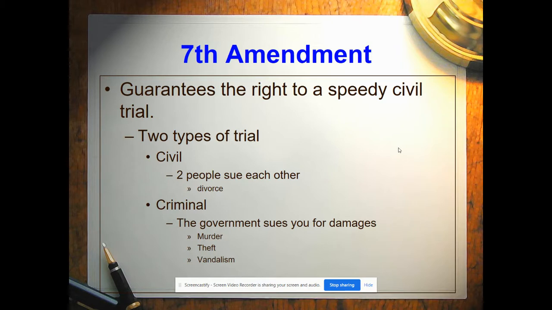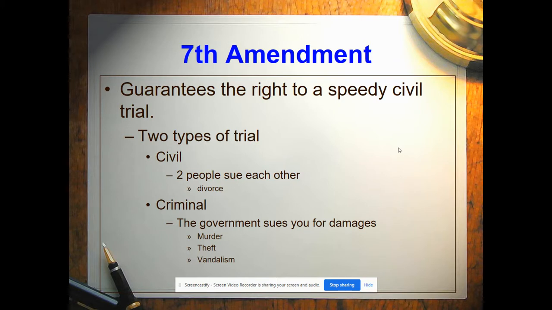So there, on this amendment, I kind of defined the 2 types of law. Civil trials, 2 people are suing each other or 2 parties are suing each other. And criminal is the people of either the state or the country are basically suing you for damage you've caused society. So in a criminal trial, you're accused of a crime: murder, theft, vandalism were the ones that I listed there.